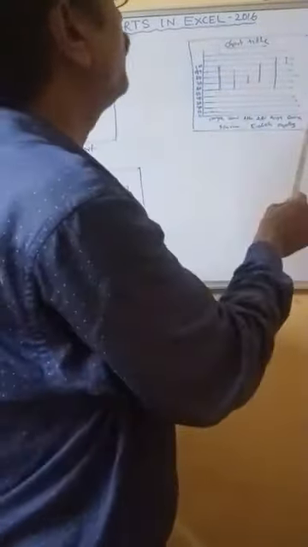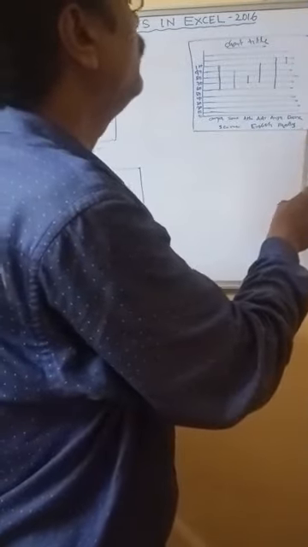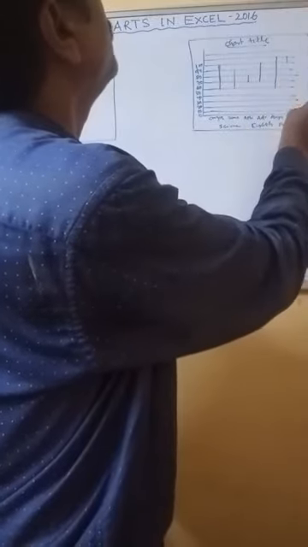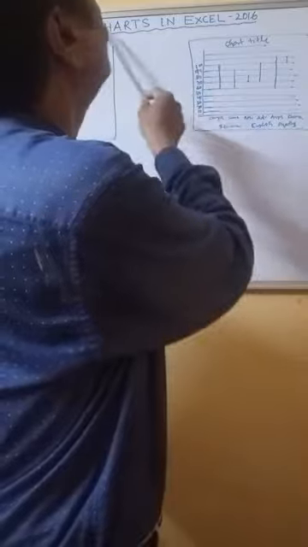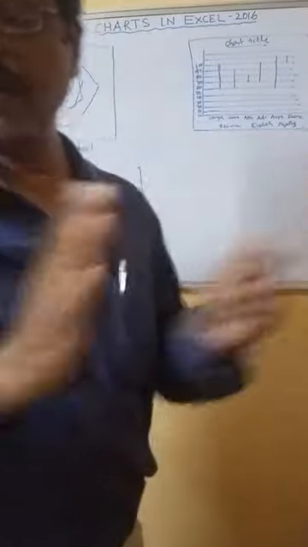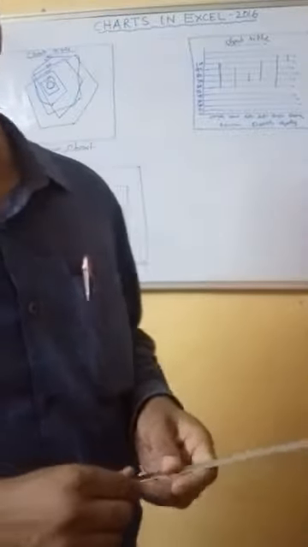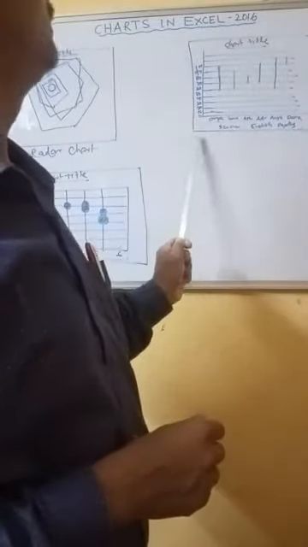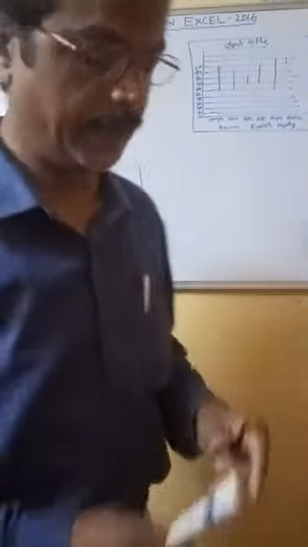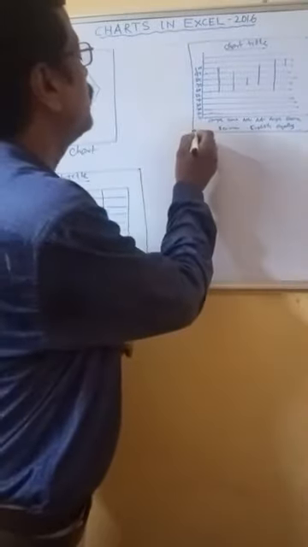By keeping your mouse pointer on a corner handle, you just drag it towards the left or right, or in this direction, and in this manner you can enlarge it. Place the mouse pointer on any corner handle. These are the corner handles.